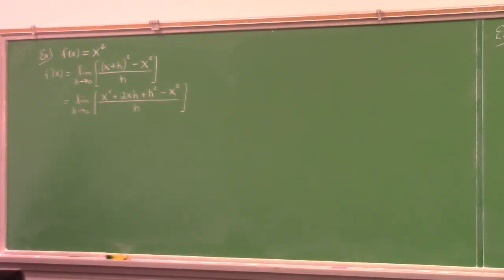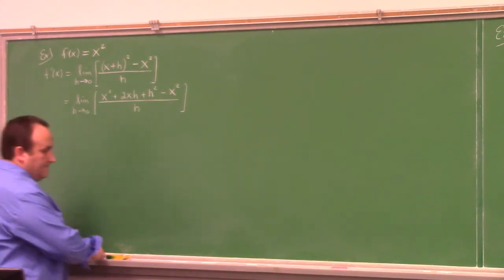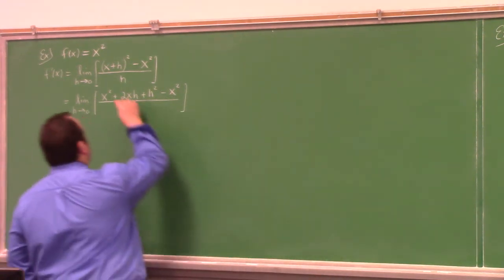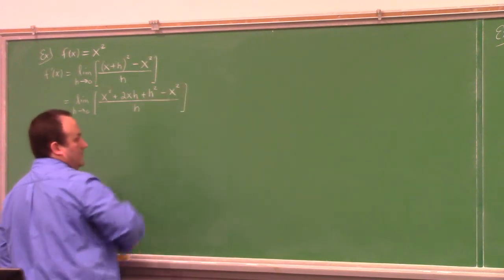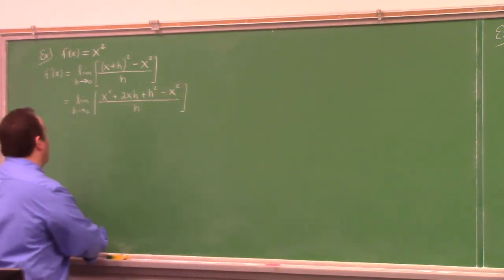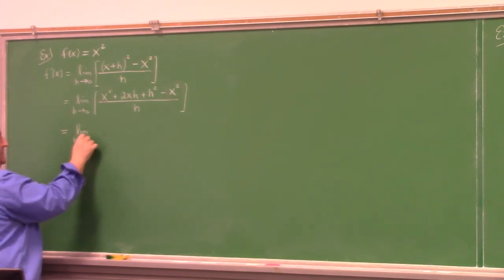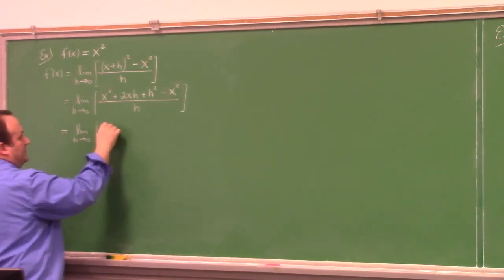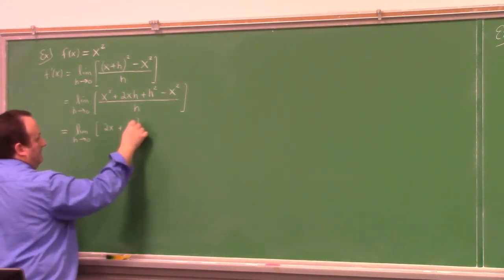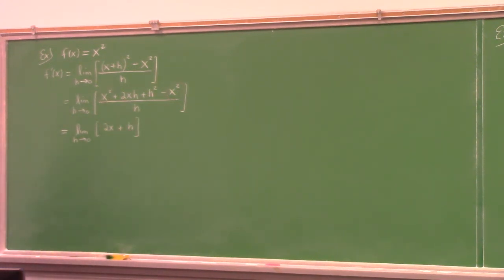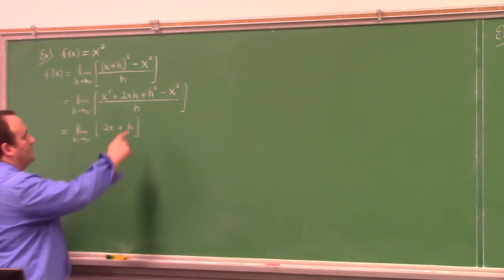How does this simplify, this expression? See, these guys cancel. And so what we have is the limit as h goes to 0 of 2x plus h. Where did the other h go?